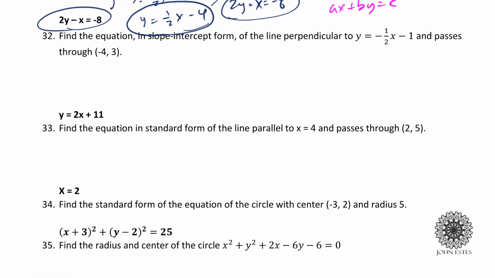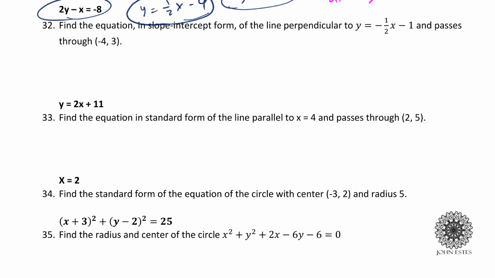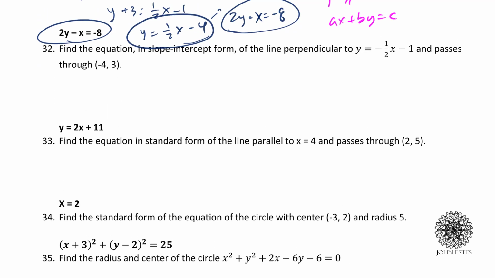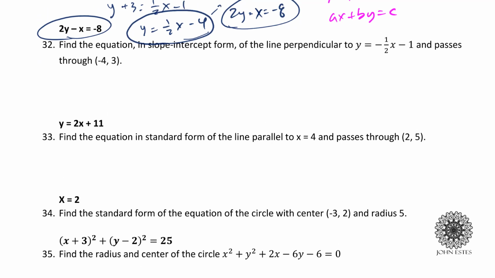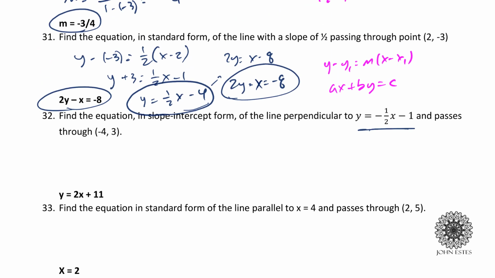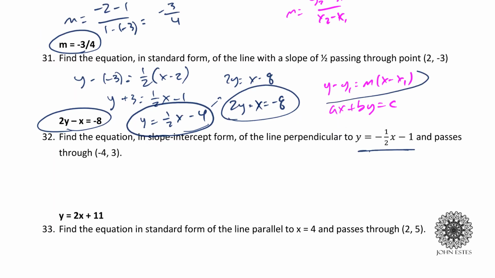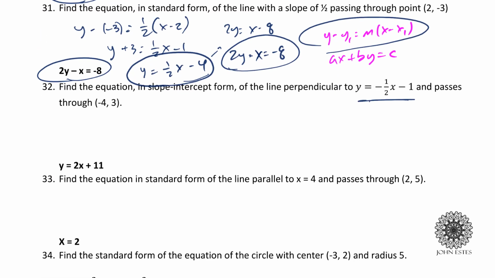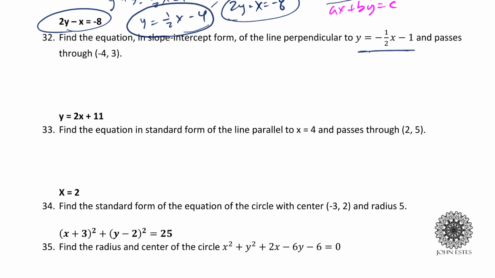Okay, so like number 32, it says find the equation in slope intercept form. So that'd be in this y equals mx plus b form of the line perpendicular to this equation and passes through that point. Okay, so I'm going to use this equation again, this point slope formula, and I have a point, so it's going to be y minus 3 equals, now I need to figure out my slope, x plus 4.